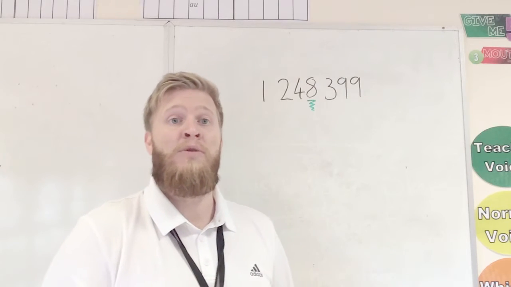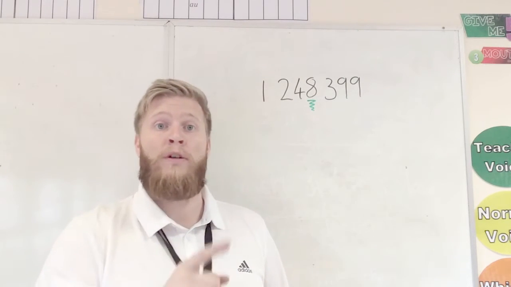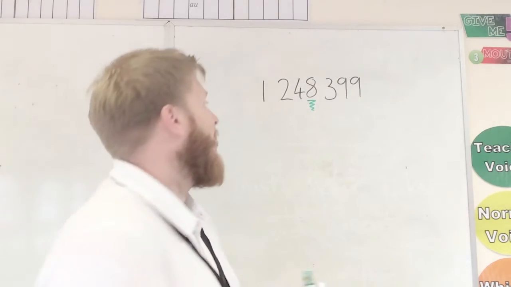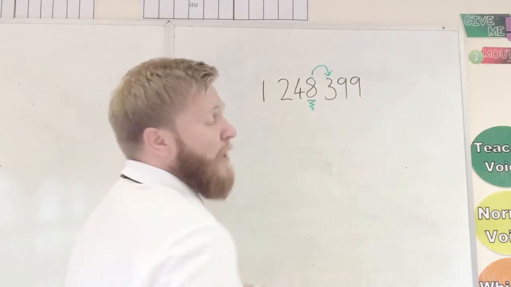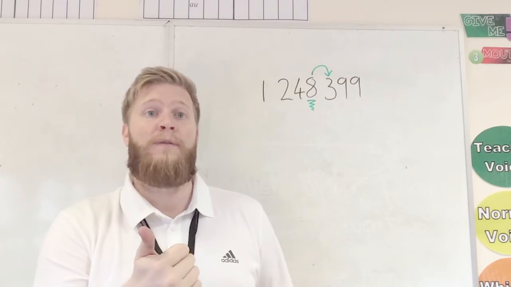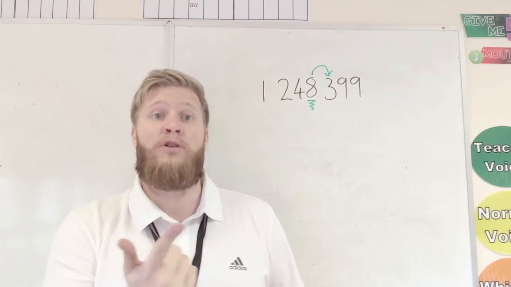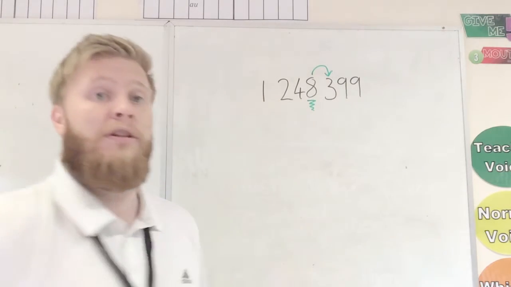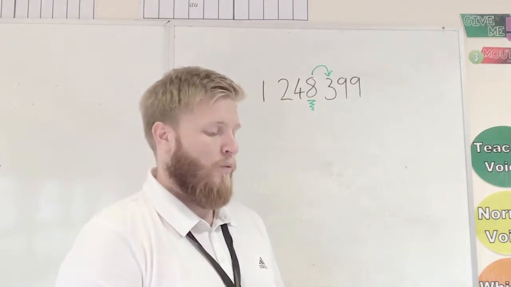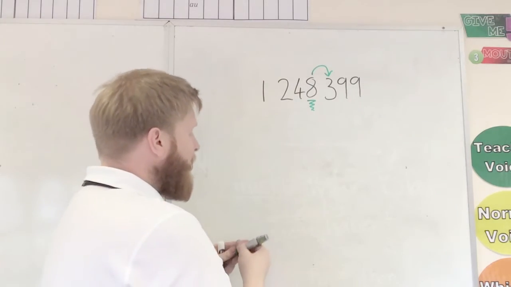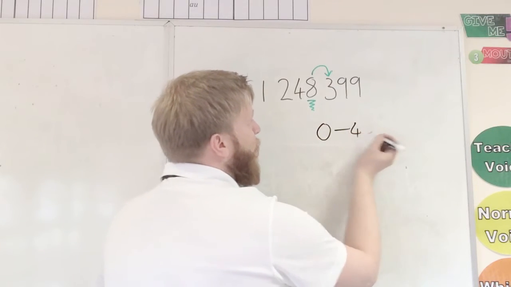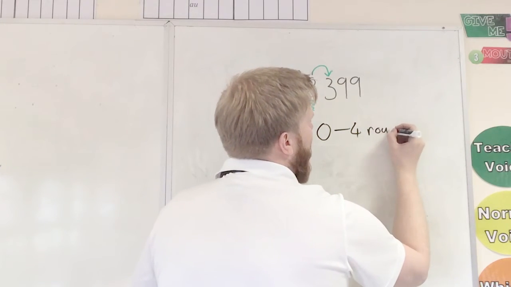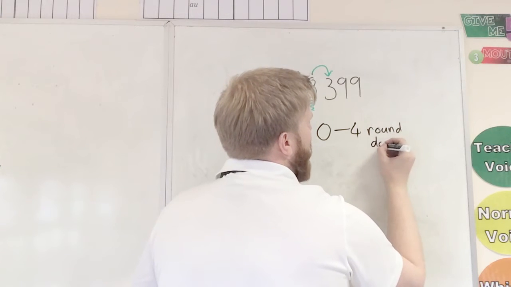Second step that we need to do is to find the number 1 to the right of that, even easier. So 8 here, 1 to the right is our 3. So step 1, we find the number we're rounding to, and step 2, we look at the number 1 to the right of it. And now step 3, what we need to know is if that number is 0 to 4, we are going to round down.